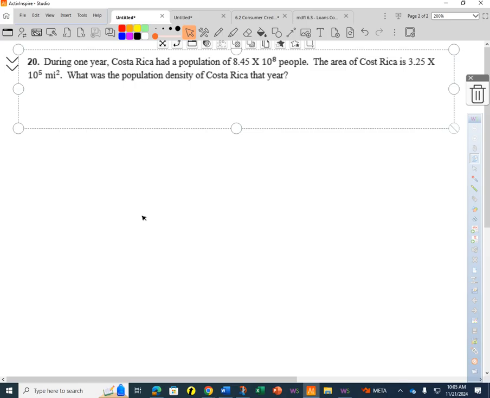Let's do 8.45 times left parentheses 10 y to the x 8 right parentheses and equals. What do you get now? 8.45 and 6 zeros, right? So that's 845 million people, right? But that's written in scientific notation.